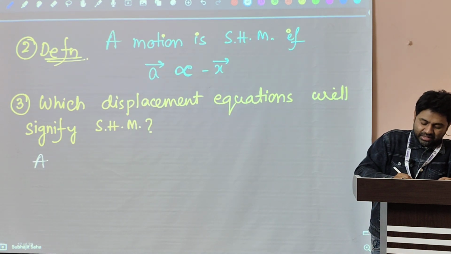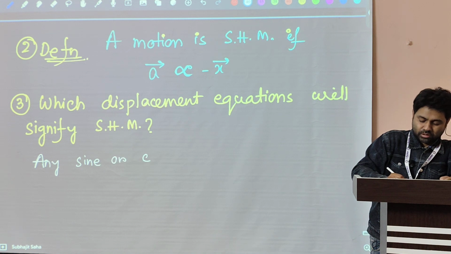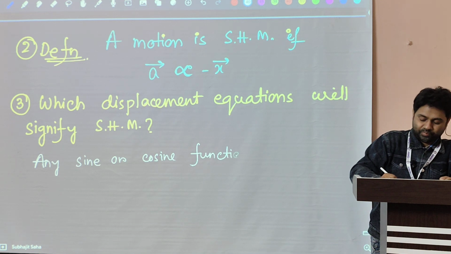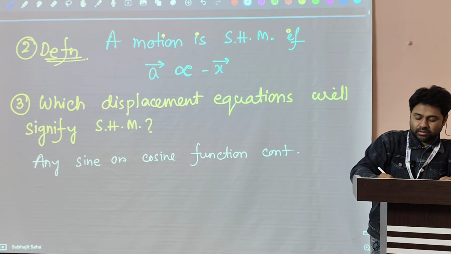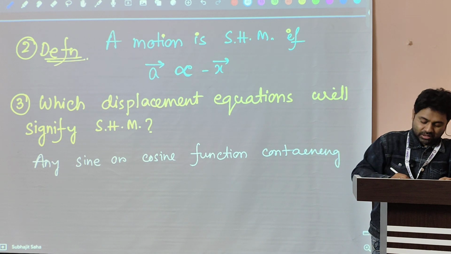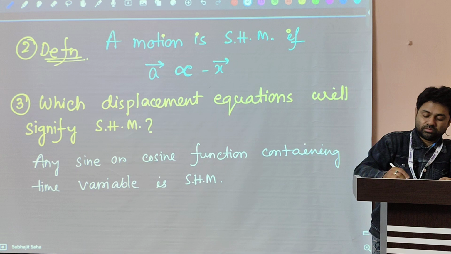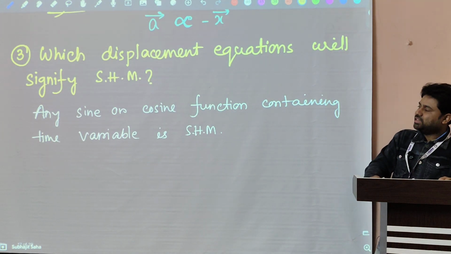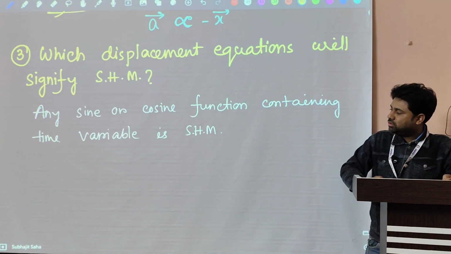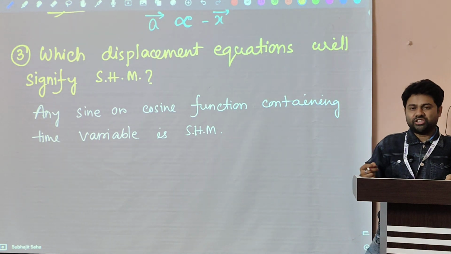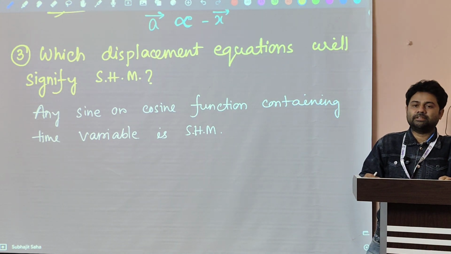Answer is any sine or cosine function containing time variable is simple harmonic motion. Any sine or cosine function containing time variable t, that contains t in its argument, is an SHM.